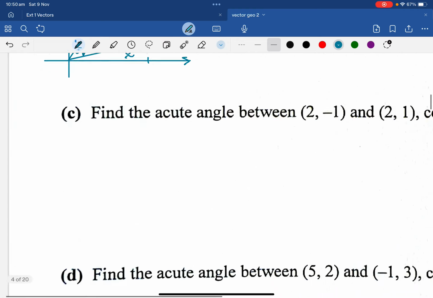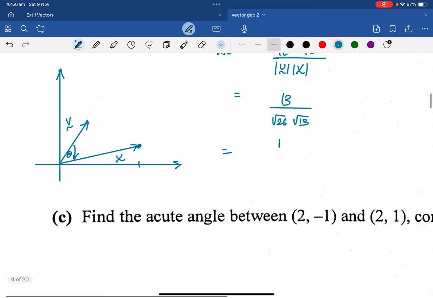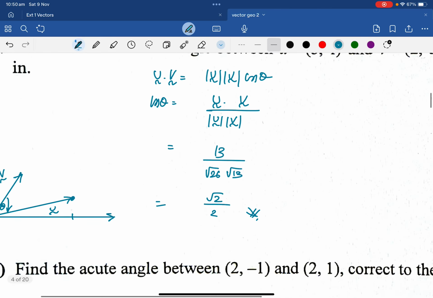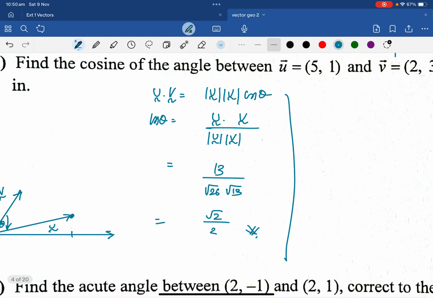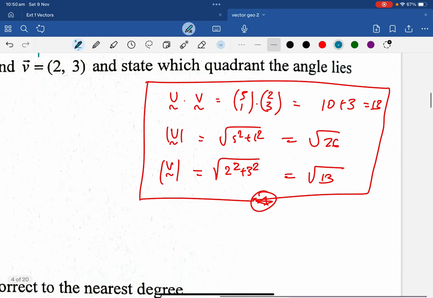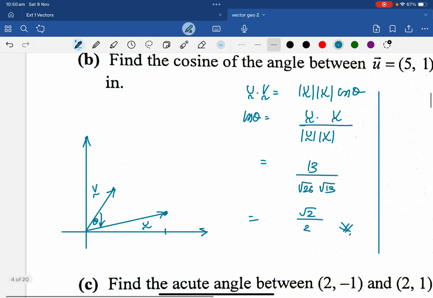And what's that simplified? Well, 13 will stay on the top over root 26 times root 13. It's going to be root 2 on 2. Simple. That is our final answer. But don't forget what the question entirely asked you for. It also asked you for the quadrant.